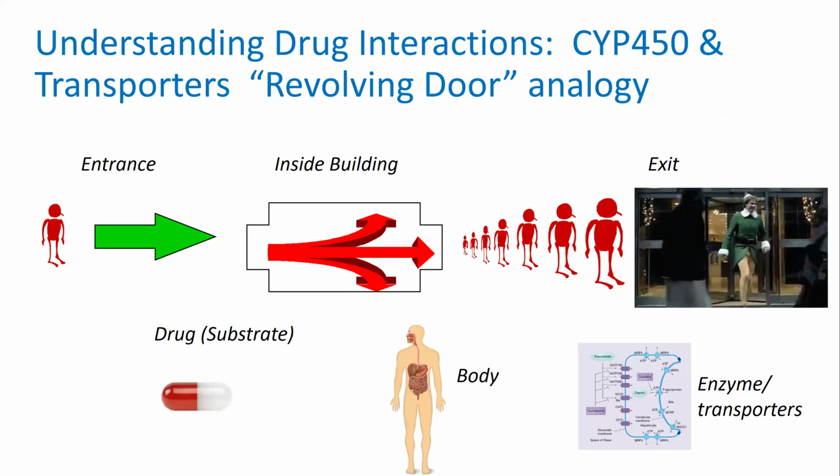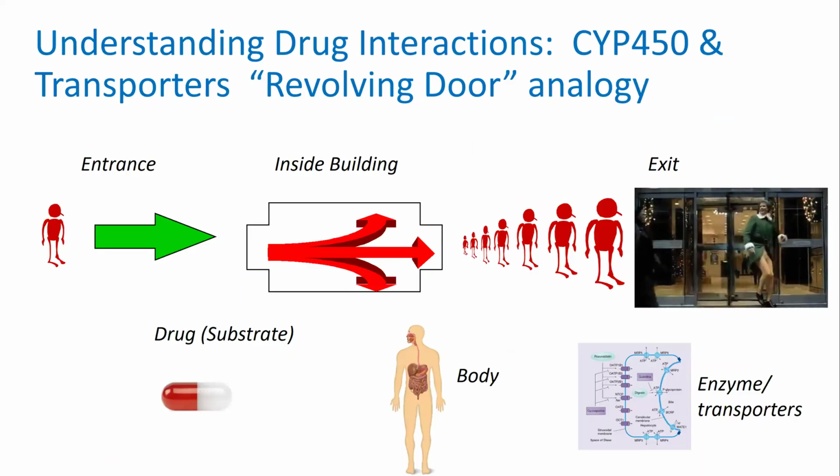Moving on to interactions involving the cytochrome P450 system or even drug transporters, I found that a helpful way to think about this is this revolving door analogy that I like to use.